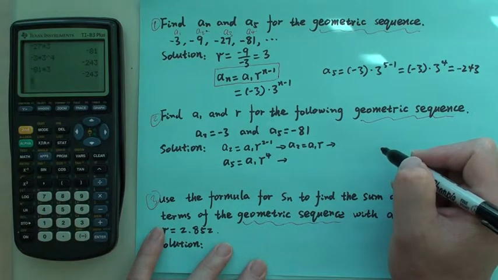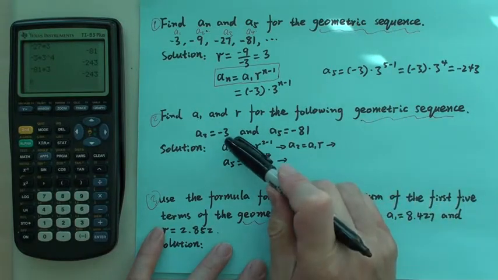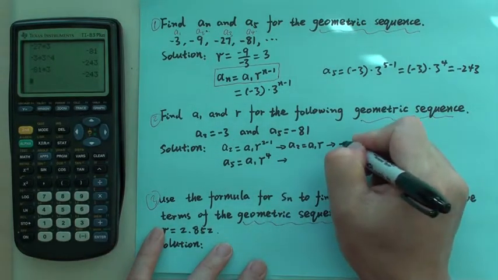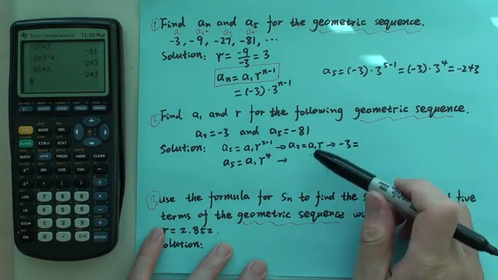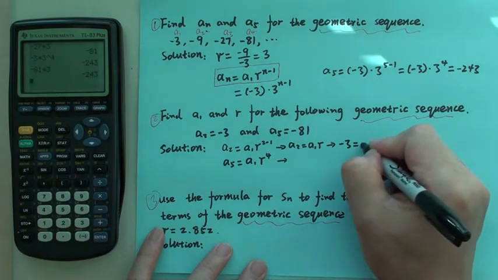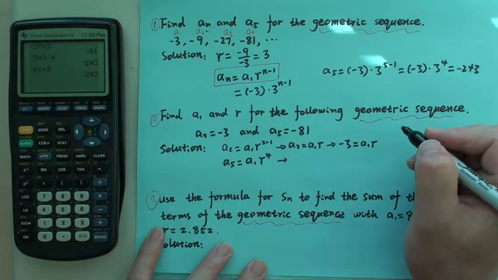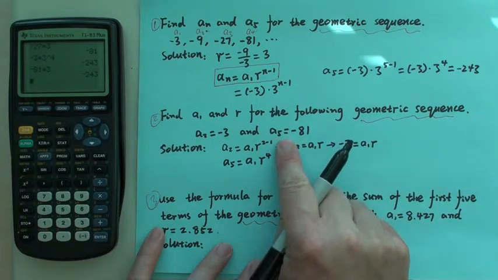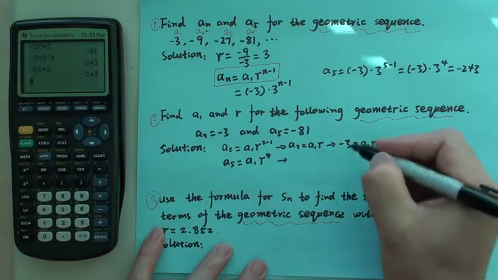Down here we have a 2, we know it is negative 3, so you plug in negative 3 here, and then it equals a 1 r. And here we also know a sub 5, which is negative 81.